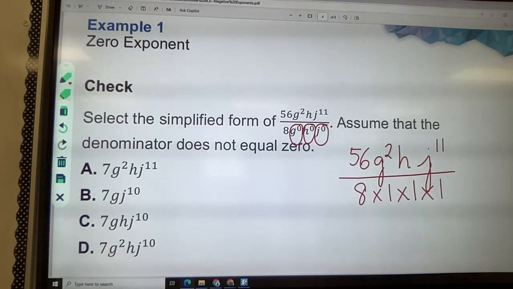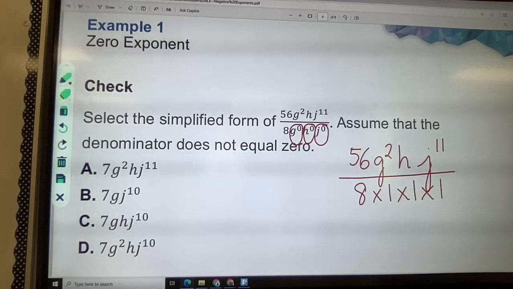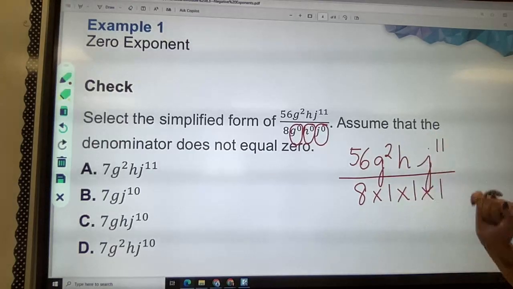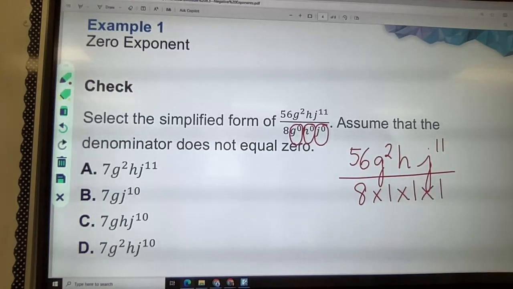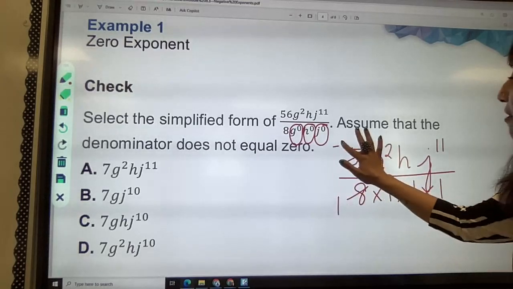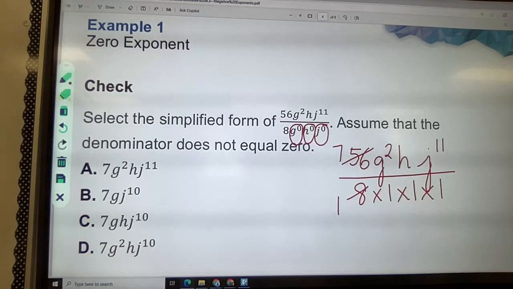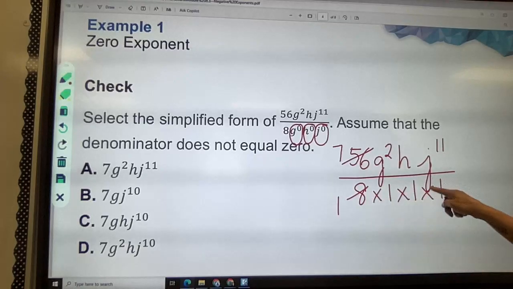Then I look at the coefficients 56 and 8, and we know that 56 is divisible by 8. I get 1 and I get 7. So I'm simplifying, and this is 1 times 1 times 1 times 1.